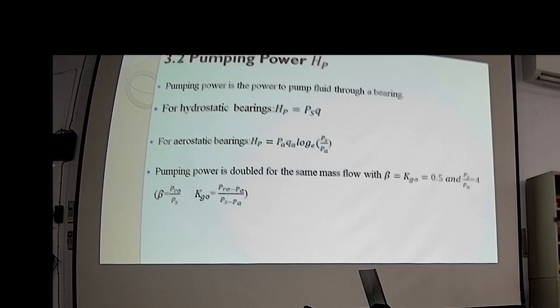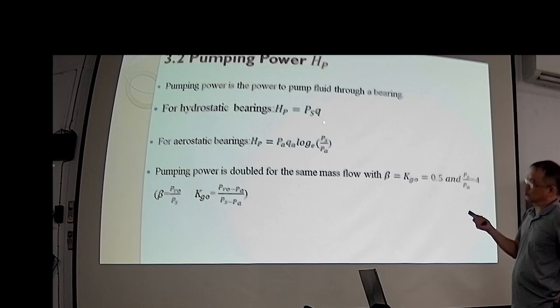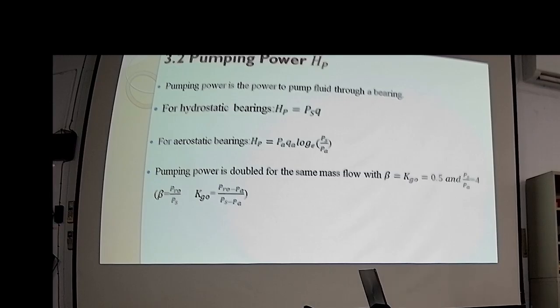So it's the supply pressure, the oil lubricant supply pressure multiplied by total volume flow rate. Okay. This is for the oil hydrostatic bearing. For the air bearing, they use this formula.